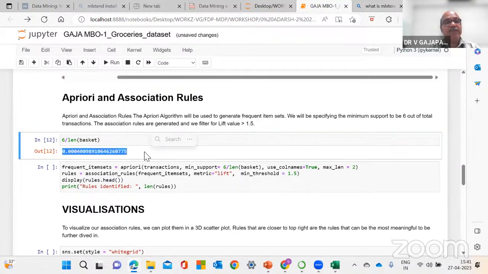This is what I'm expecting: roughly 15,000 transactions are there, and out of 15,000 transactions, a minimum of 6 should contain that product. Then only it should come for the analysis. Otherwise, the product is left out of the analysis. That is what we are doing.